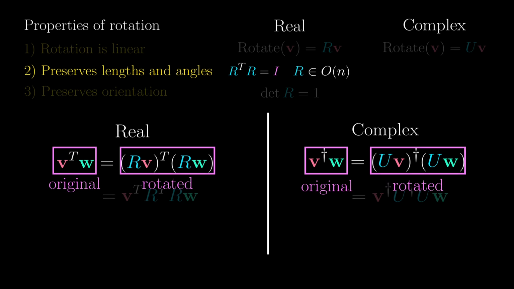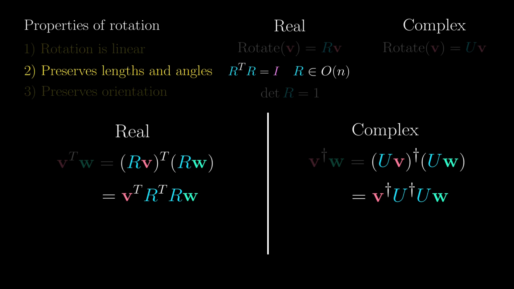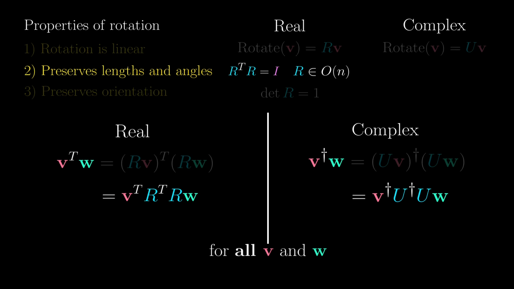Then, with a slight manipulation of the new dot product, and comparing with the dot product before rotation, as this is true for all vectors v and w, we previously got that R transpose R is the identity, and similarly in the complex case, U dagger U is the identity.